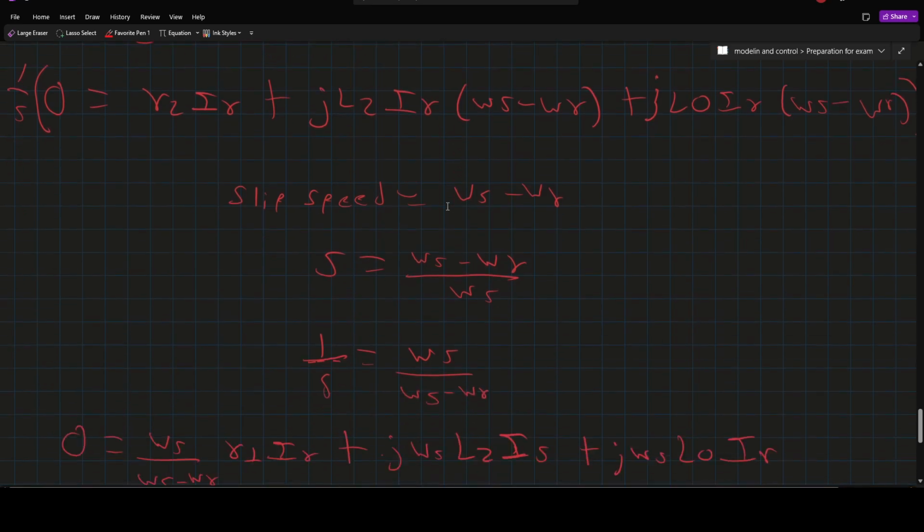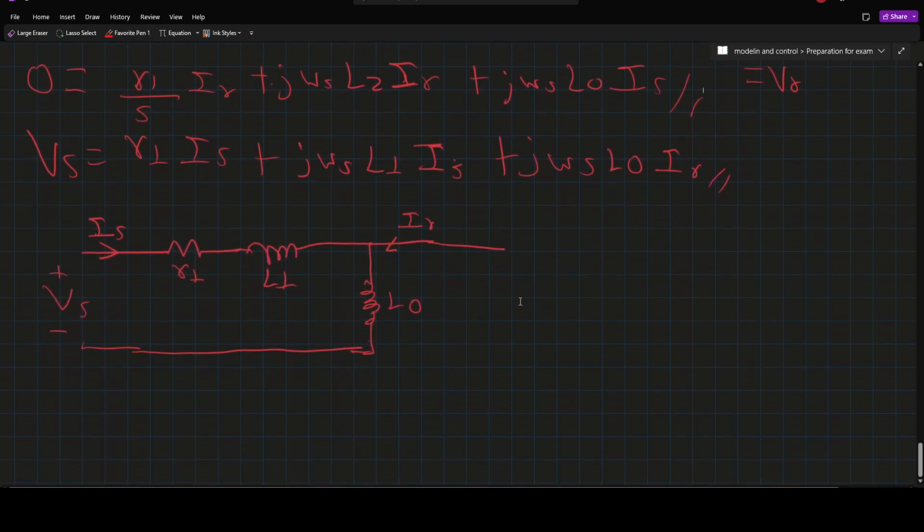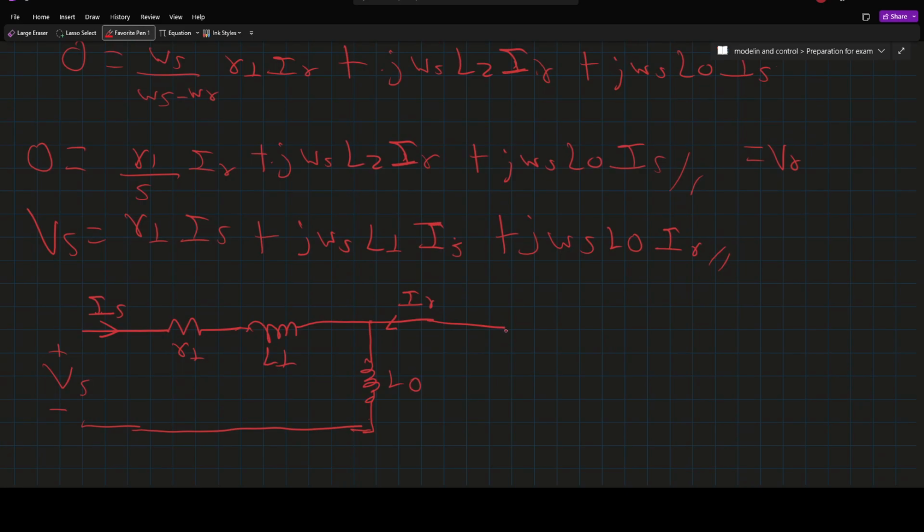I changed the terms here. I wasn't looking up, so I inverted the terms. L2 is IR and this is Is. It makes sense because this is the mutual inductance, so it has to multiply by our Is.